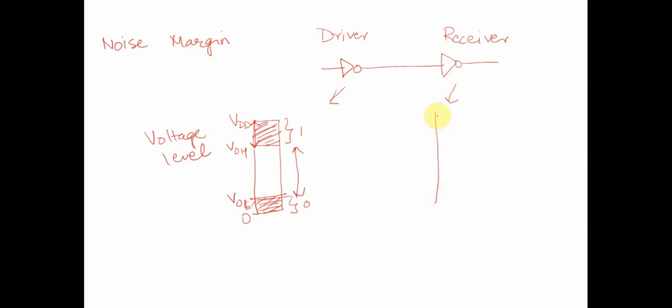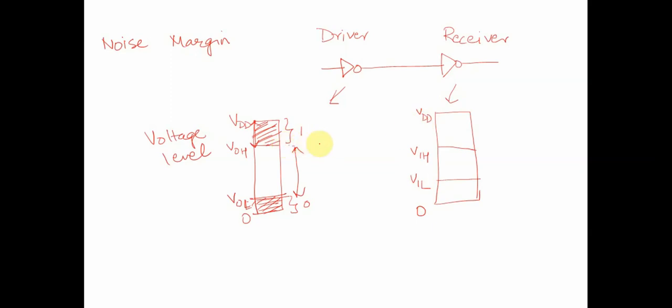Now let's assume the particular characteristics for this receiver over here is such that, just to create an example, it has a higher range on both the sides. Let's assume this is V input high, this is V input low, this is 0, and this is VDD.